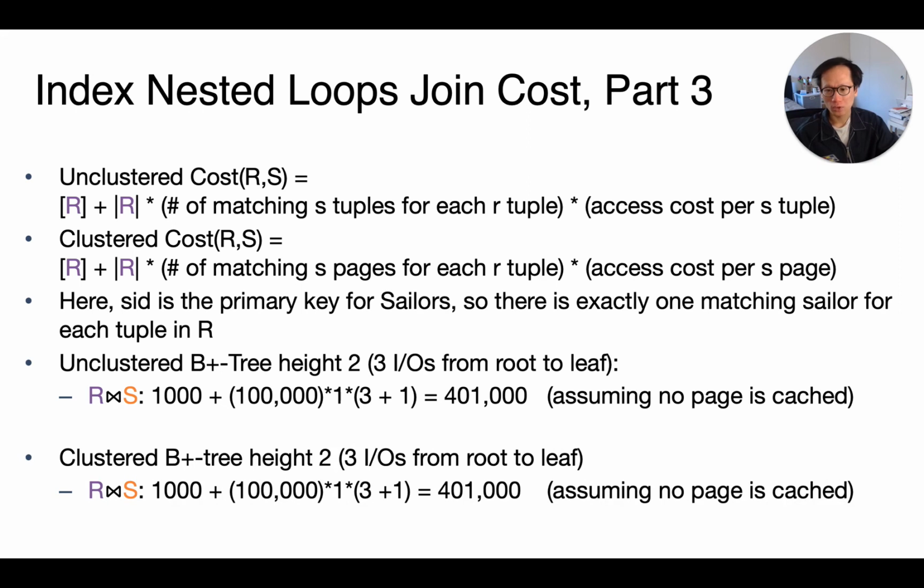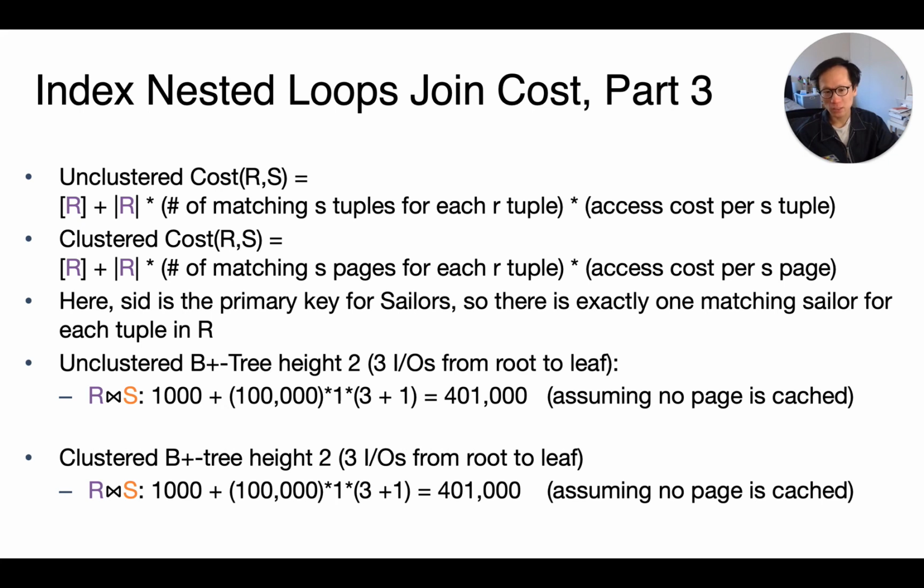The cost for the clustered index is the same here, since we need to retrieve the single page containing the matching S tuple. In general, however, the cost of retrieving the matching tuples can be quite different.